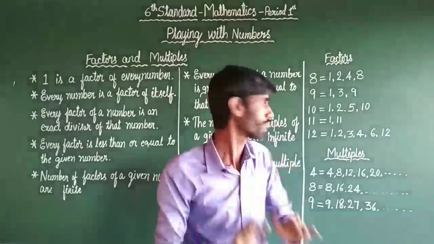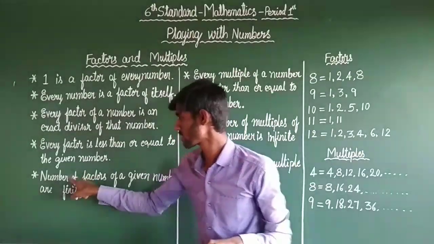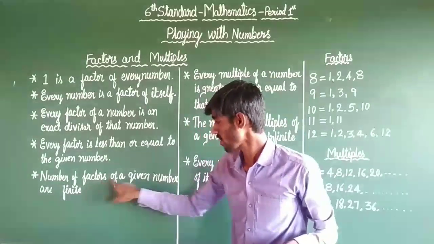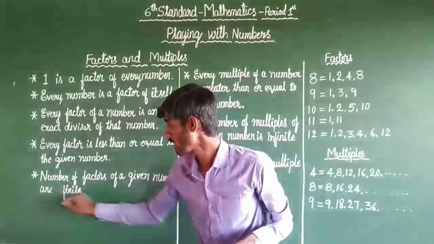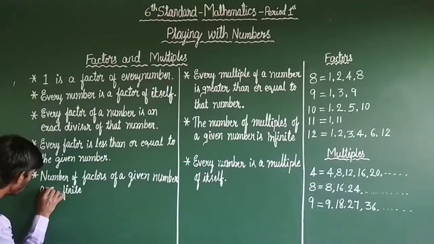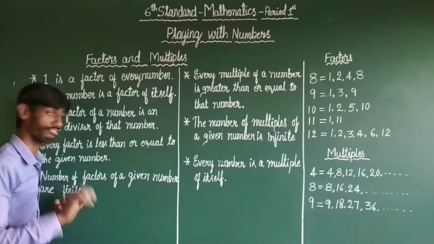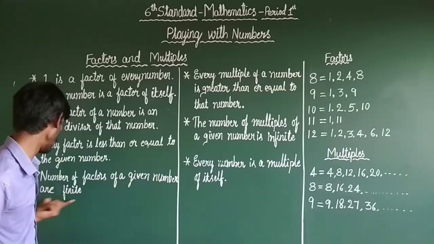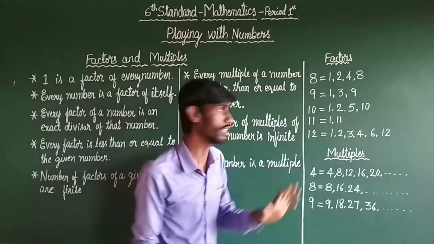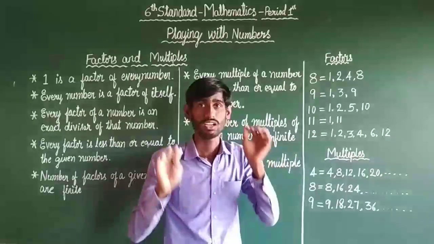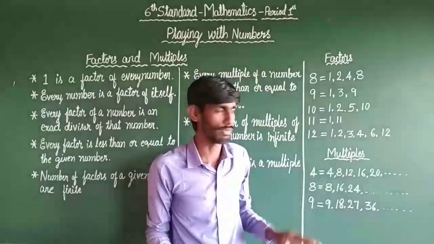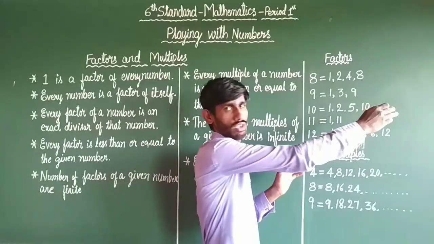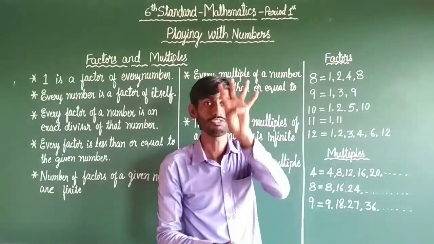Point to be noted. Next property is the number of factors of a given number is finite, not infinite, finite. I mean every number has countable factors. Countable means we can count 1, 2, 3, 4. The number 10 has only 4 factors.